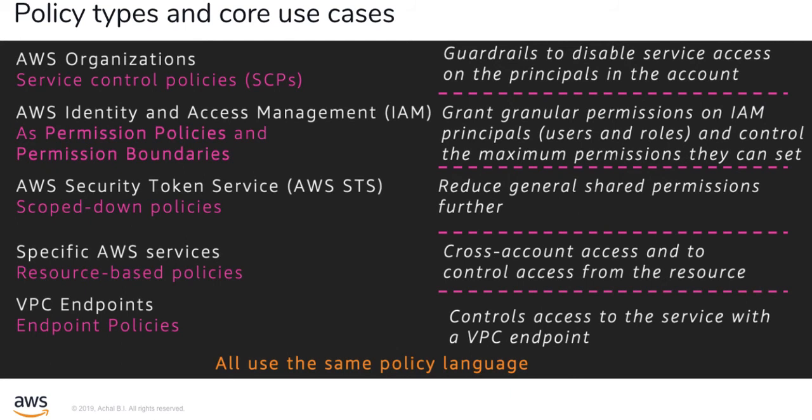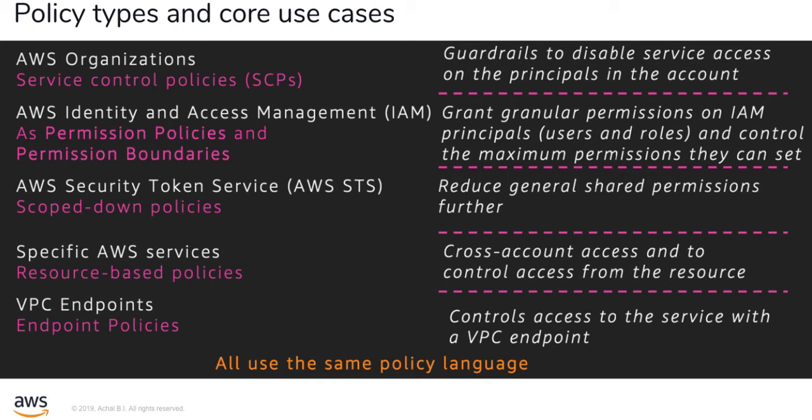So let's understand some of the policy types that we mentioned earlier, and some of their core use cases. I mentioned something about AWS Organizations. If you have created an AWS organization, then you could control or manage those accounts using something called service control policies.